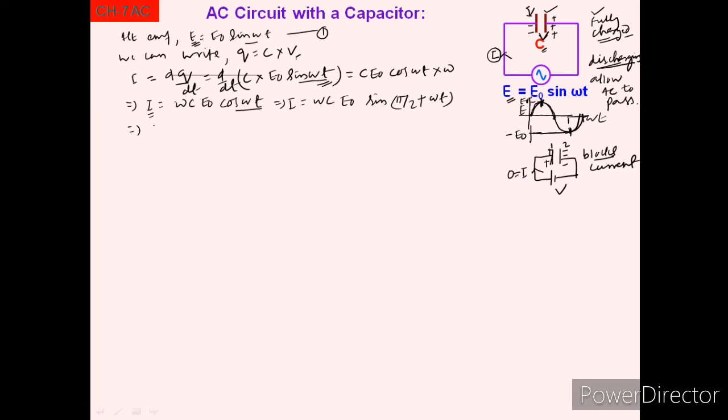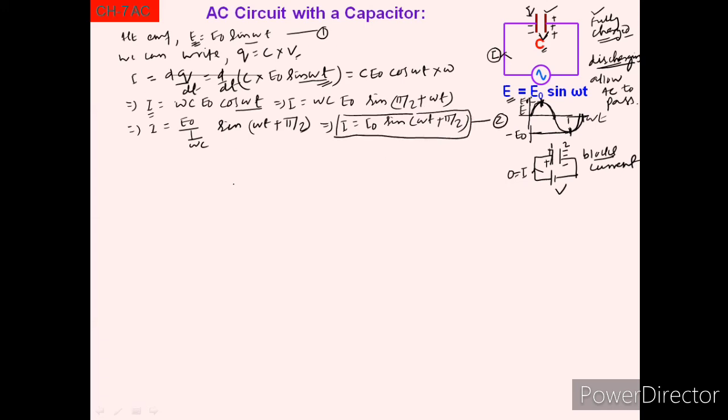This can be written as I is equal to E naught divided by 1 by omega C, sin(omega t plus pi by 2), or further as I is equal to I naught, which is the peak value of the current, sin(omega t plus pi by 2). So this is our final expression for the current.